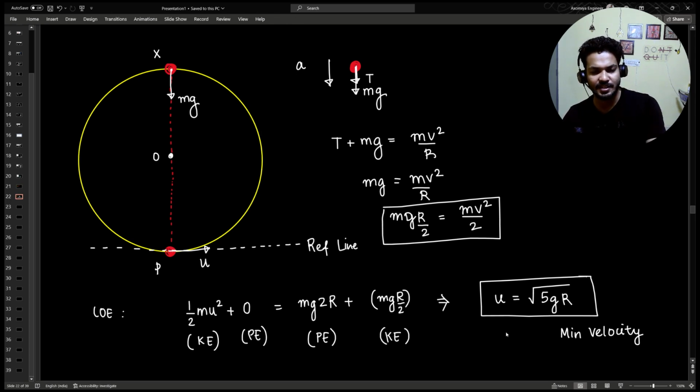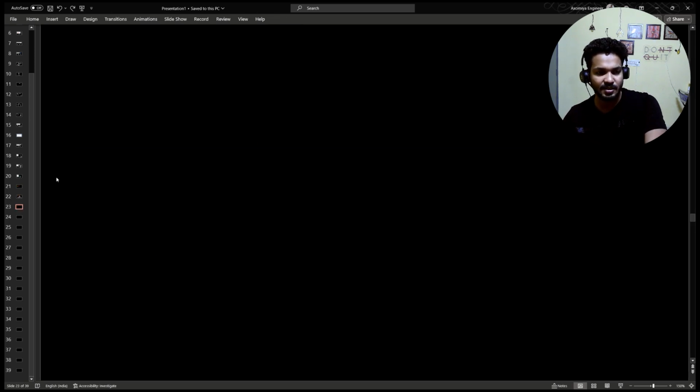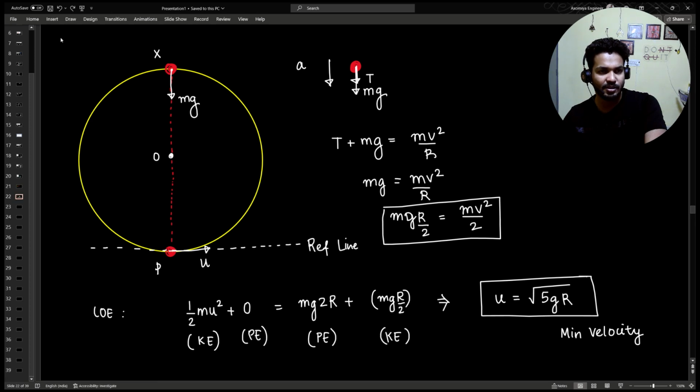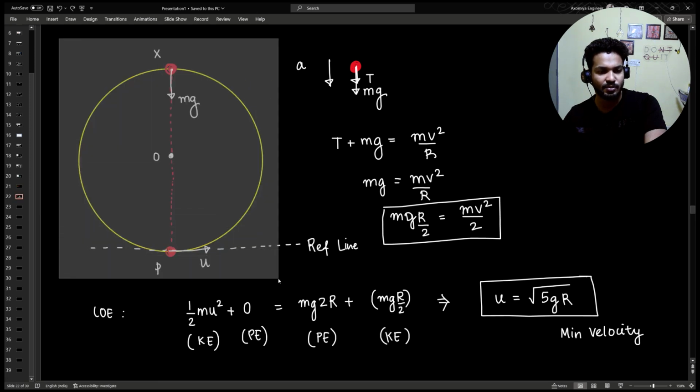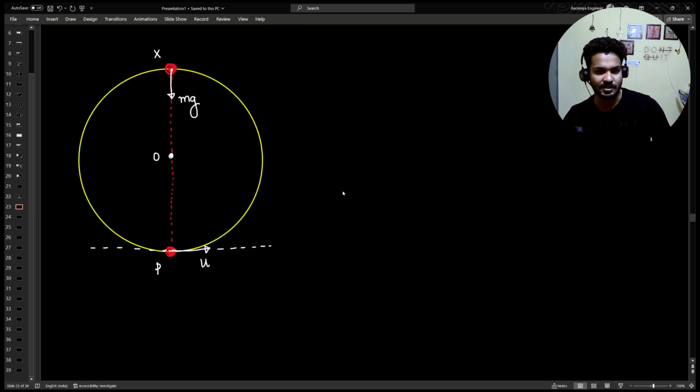The only thing that will be helpful to memorize is this part, under root 5gr is the minimum velocity. Other than that, you need to understand the concept behind everything rather than memorizing. Believe me, it's not going to help at all if you try to memorize the results that we are going to derive next.